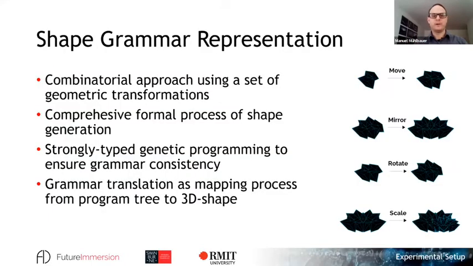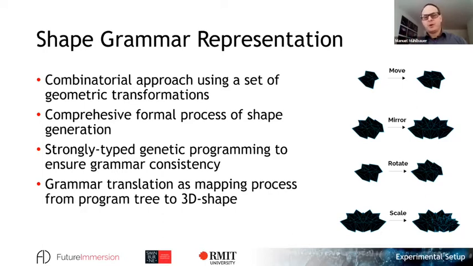Shape grammar representation is a combinatorial approach using a set of geometric transformations. You can see some examples on the right-hand side of the screen, how simple shapes are then combined to complex shapes. And applying those rules in different order generates different shapes.